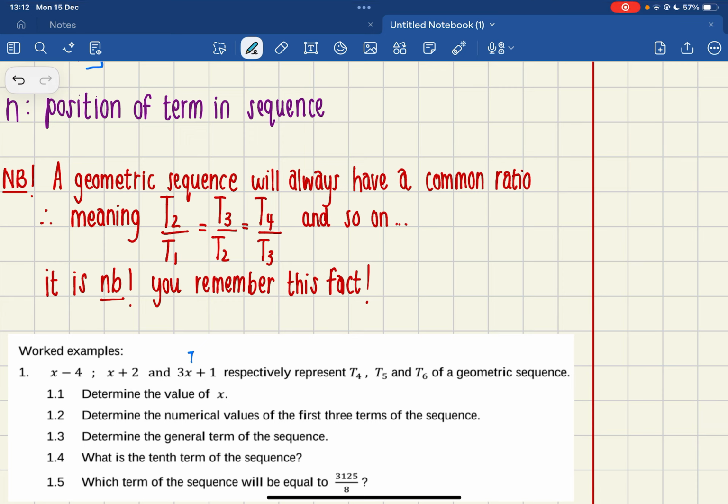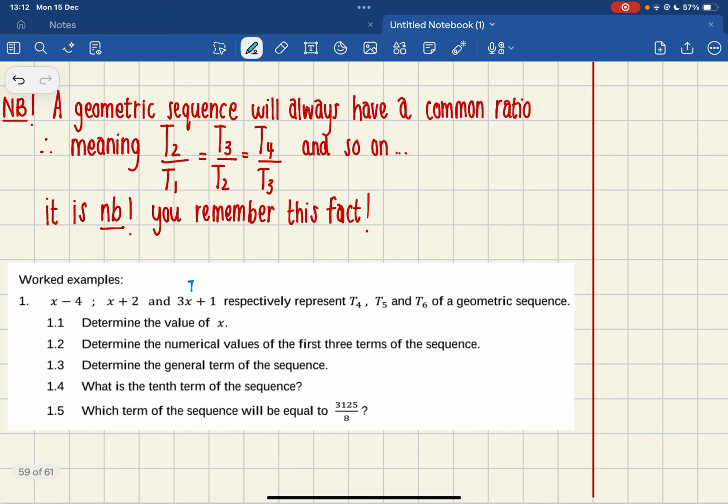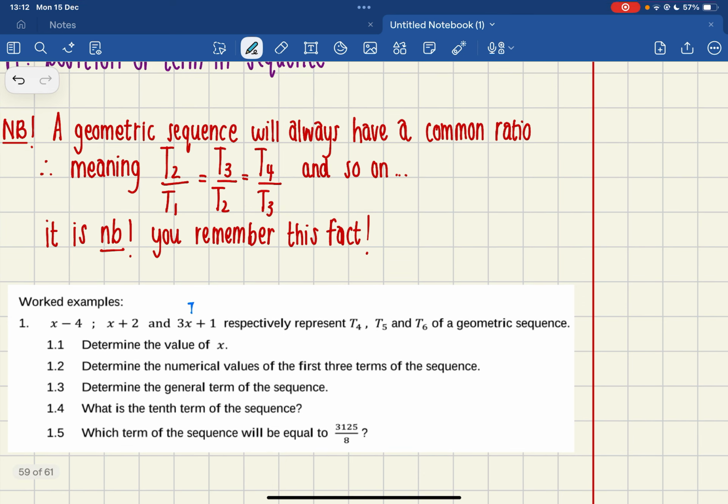It is a very important fact, especially when they give you variables and ask you to solve for a variable in a sequence that they already tell you is geometric. We'll get to this as we move along. I can't emphasize this enough: it is important that you remember this fact.